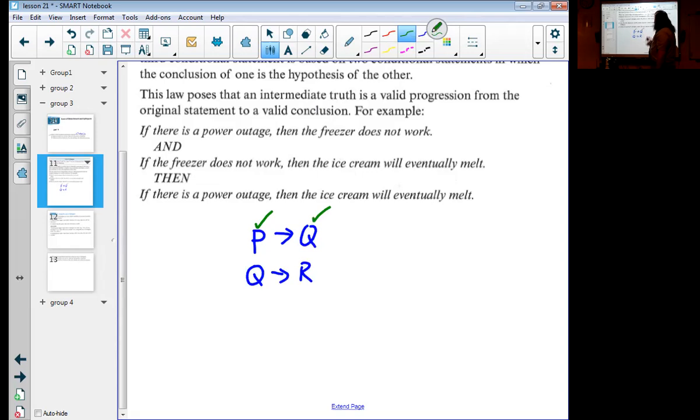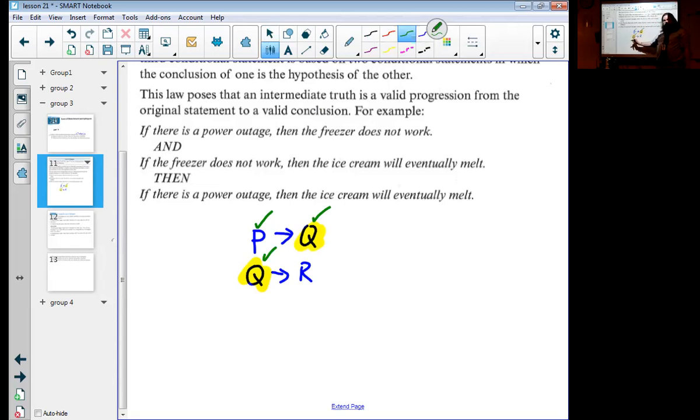Well, here we have Q right here and Q right there. Those are the exact same things. That means that if we are given P is true, we are then told Q is also true. So we know that this Q is true as well.